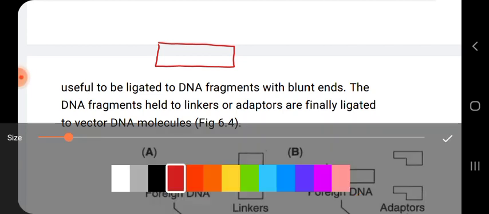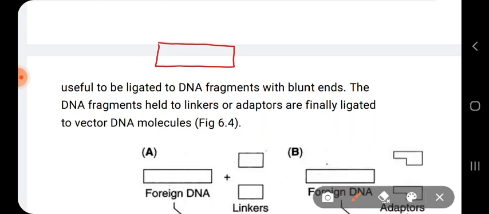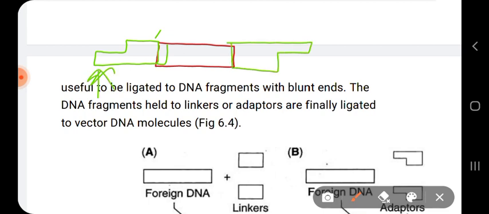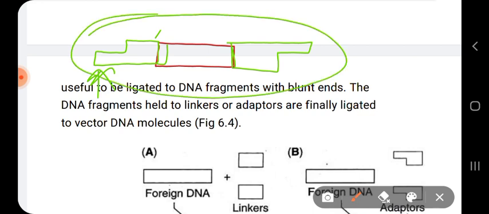So with the help of adapters, it is ligated. Now the adapters have a normal end on one side, and on the other side they have the sticky end, just like this, and they are ligated with the help of ligase, and thus now we produce our desired DNA having these sticky ends. Okay.